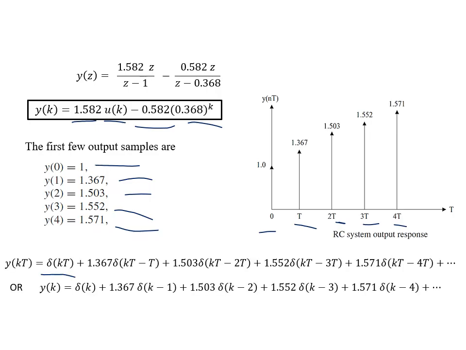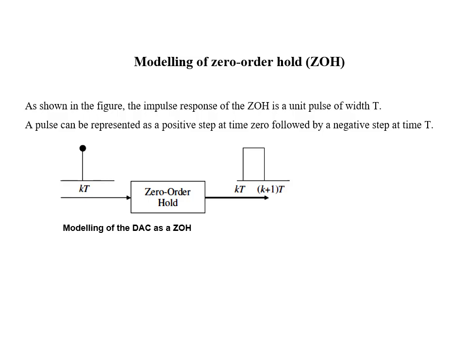Then the first one is an impulse, 1.367 impulse shifted by time T, 1.503 impulse shifted by 2T, and 1.552 impulse shifted by 3T, and the last one is 1.571 times the impulse shifted by 4T. Or we can drop the T and write delta of k, delta of k minus 1, delta of k minus 2, delta of k minus 3, and delta of k minus 4.